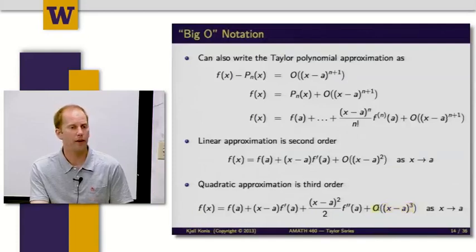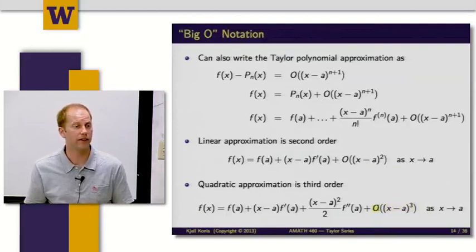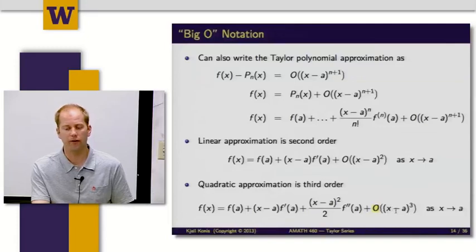And I don't really care about the constant of proportionality. I just want to know that if I use this approximation and then I move twice as close to a, this term is going to get smaller at a cubic rate.